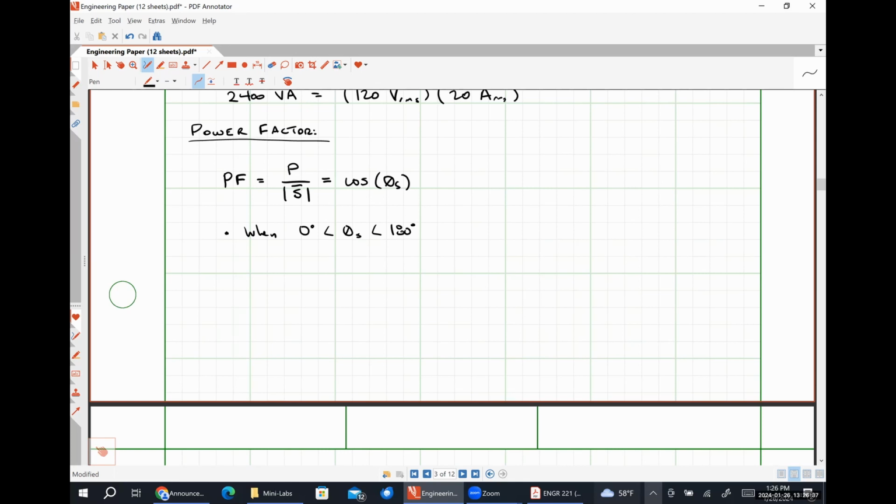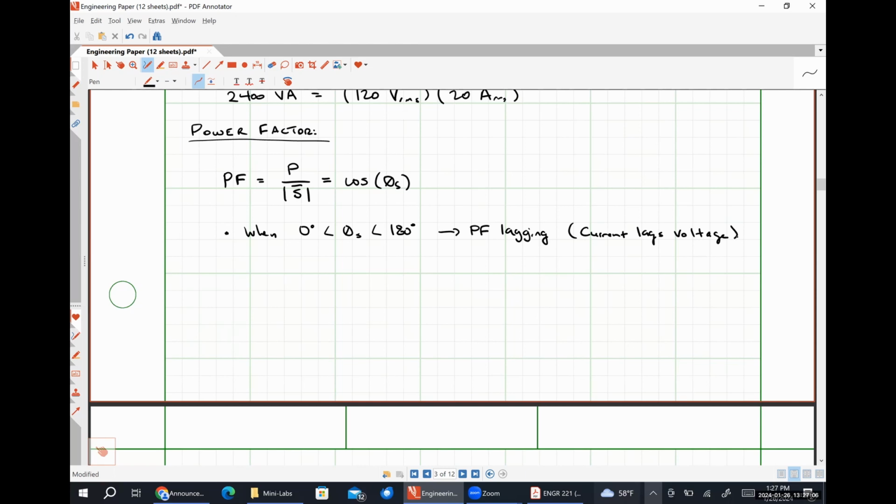So whenever our power factor angle is between 0 degrees and 180 degrees, we say that our power factor is a lagging quantity. All that means is that our current is lagging our voltage in our system.